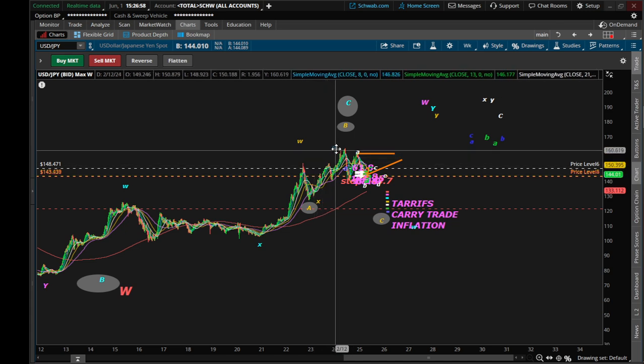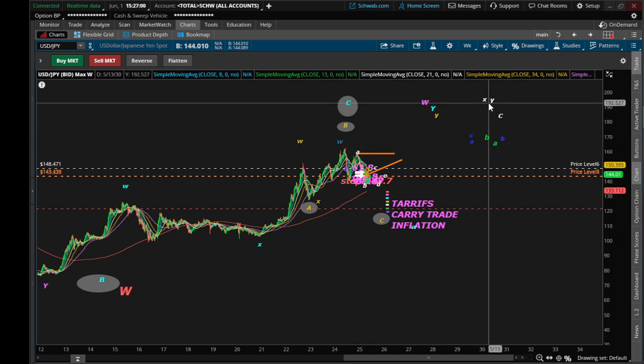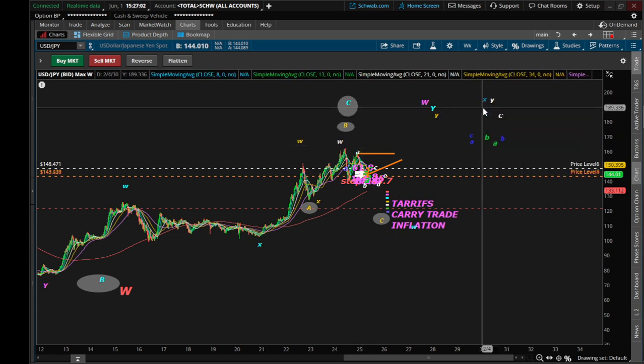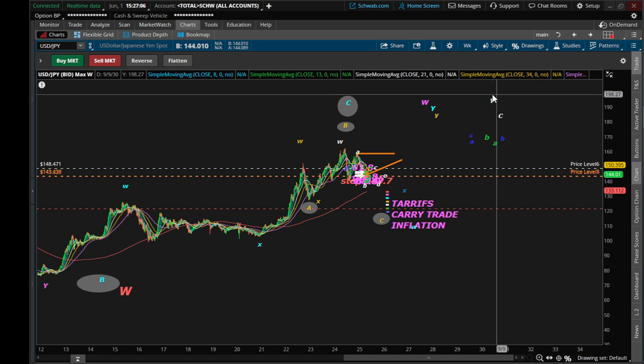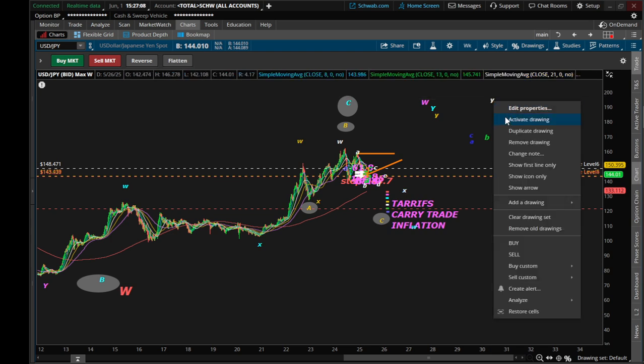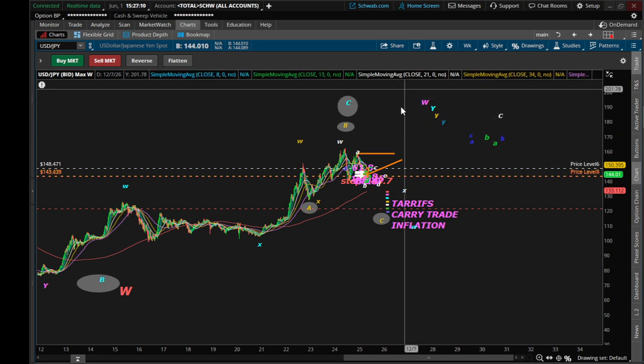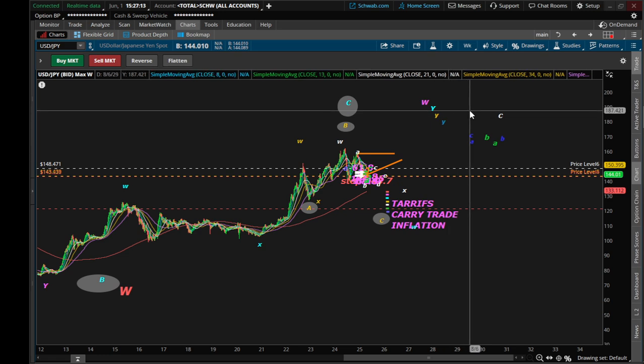Maybe W, X, and then Y up here to finish off 4 degrees of trend.